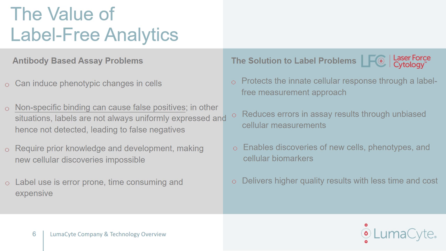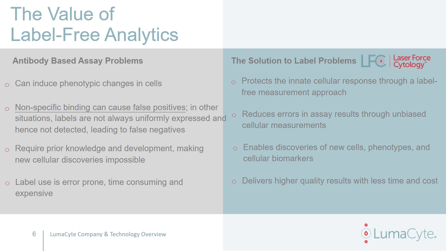So I'll take a moment, because it's a label-free technology, to talk about some of the benefits of using a label-free system. And I'll focus on antibody-based systems that potentially have problems. Obviously, antibodies are incredibly valuable and useful in bioscience, but they're not without issues.